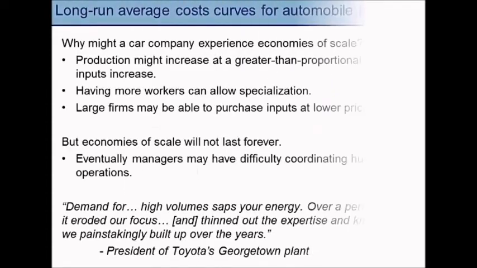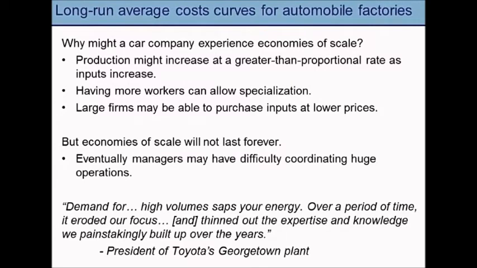So why might a firm such as a car company experience economies of scale? Well, first, the firm's technology may make it possible to increase output at a greater than proportional rate as inputs increase. Second, specialization among workers and managers may lead them to become more productive as output increases.